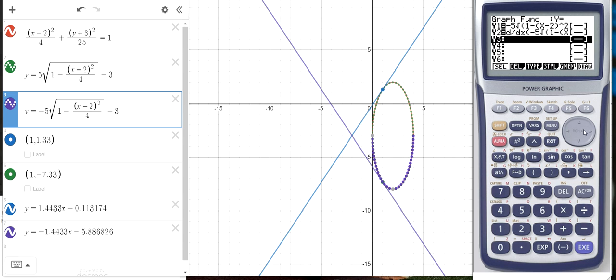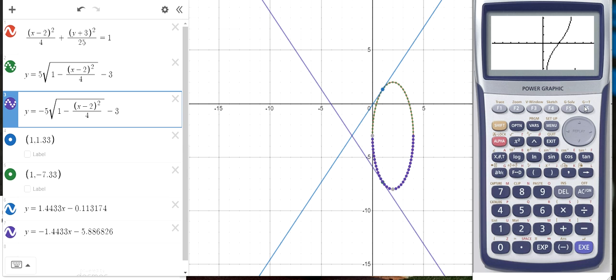And execute, and now draw. And we've got the gradient, which is 0 at the bottom turning point.